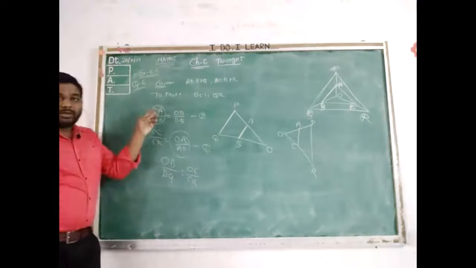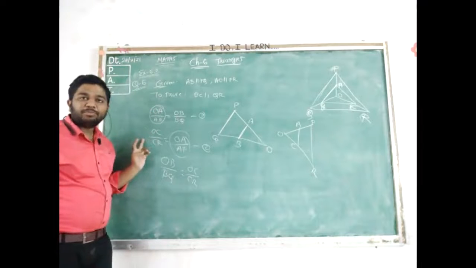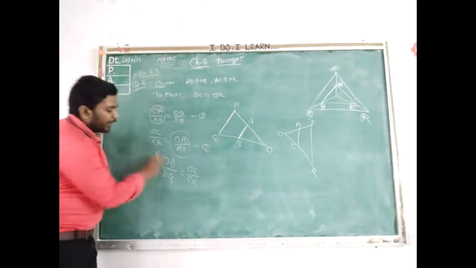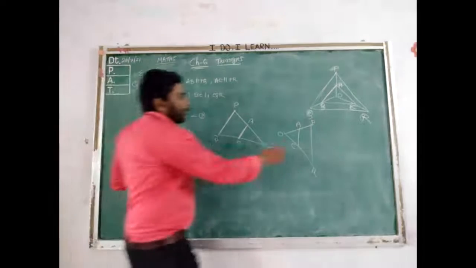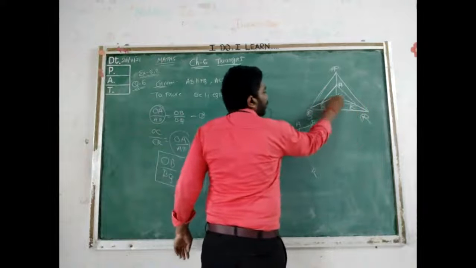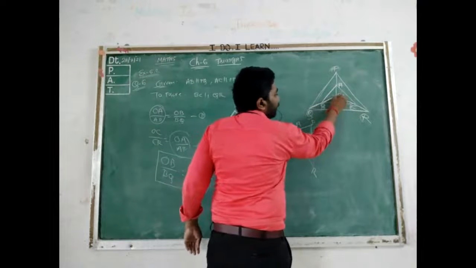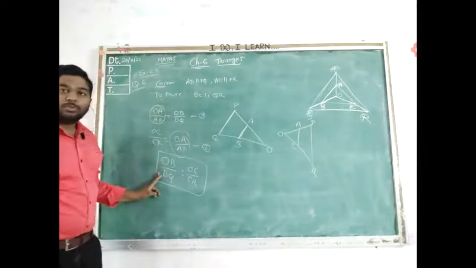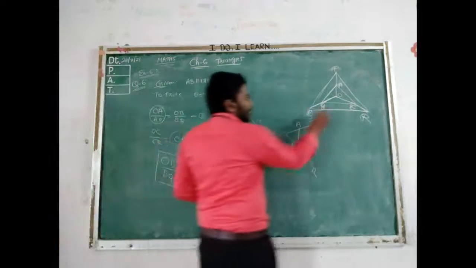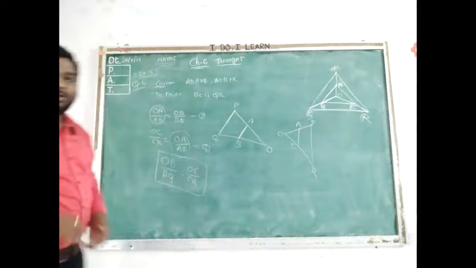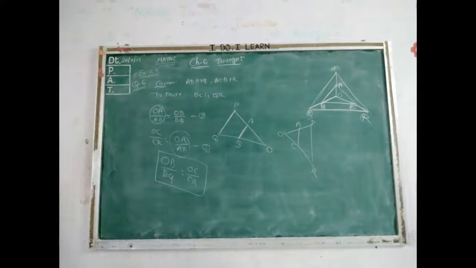Okay. Here in these two we had used BPT, basic proportionality theorem. But now we had derived this one. For this particular triangle, this ratio OB upon BQ is equal to OC upon CR that we had derived. So from this we can write this BC is parallel to QR, hence proved. Am I clear with this? Question number 6.